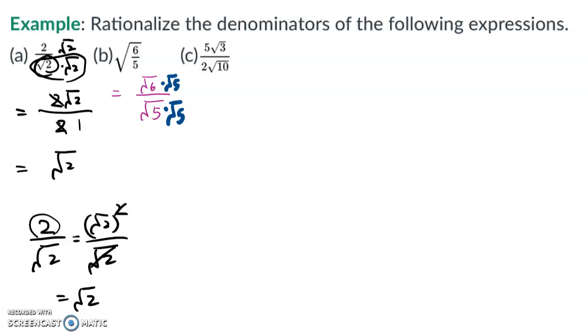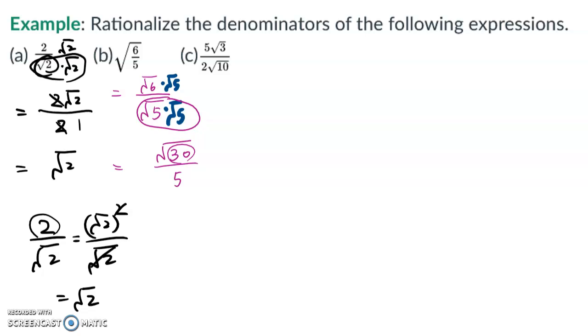So square root of 5 times square root of 5 at the bottom is just 5. On top, it's square root of 6 times square root of 5, which is square root of 30. Can we simplify it? No, we can't, because 30 has no perfect square factor. So that's the answer, square root of 30 over 5.